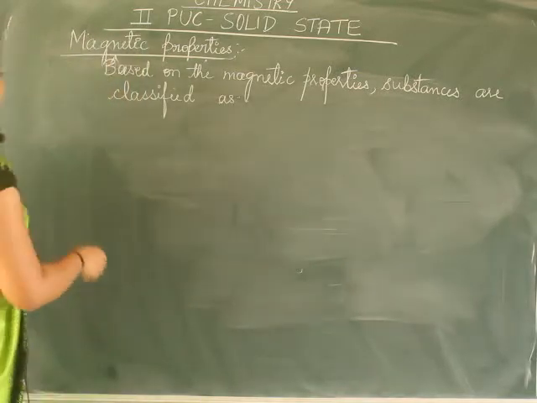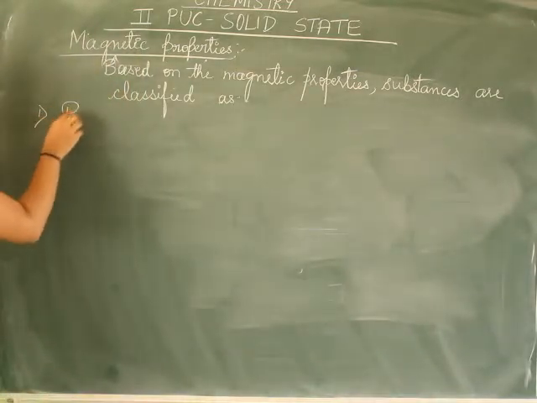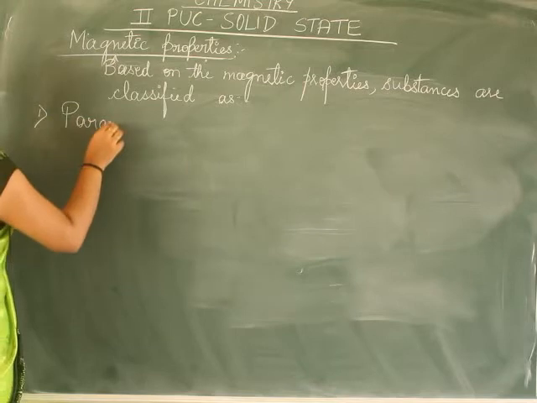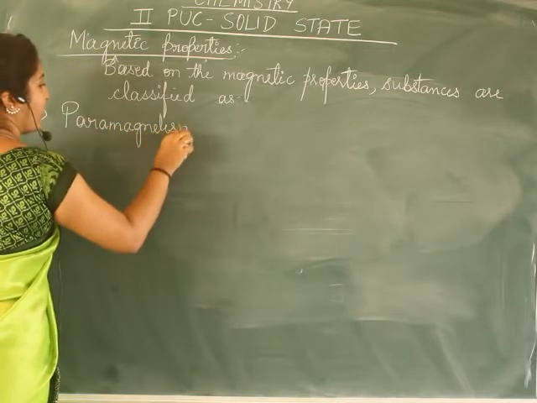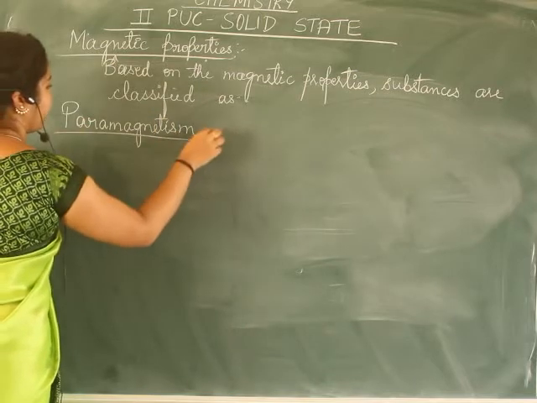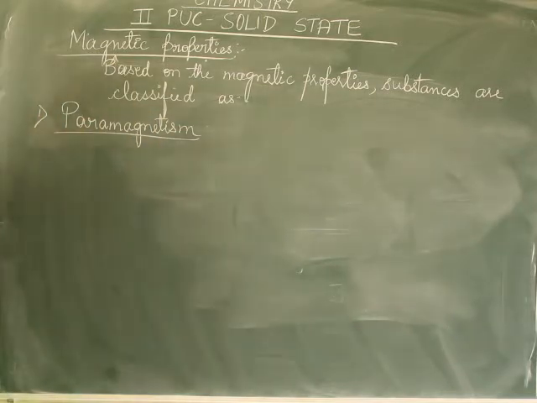We will see which those are. The first one is called the paramagnetic substance, and we call that property paramagnetism.